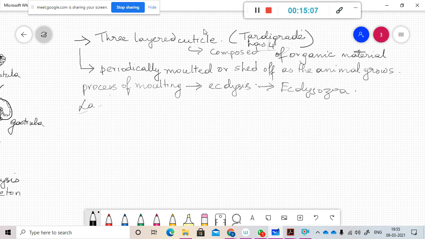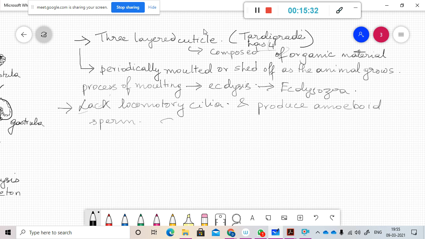They lack, another character, locomotory cilia. They don't have locomotory cilia, and they produce amoeboid sperm. Something like this, their sperms look something like this.